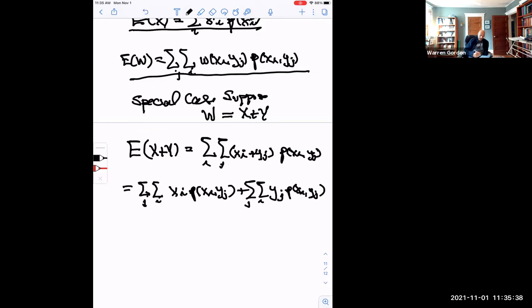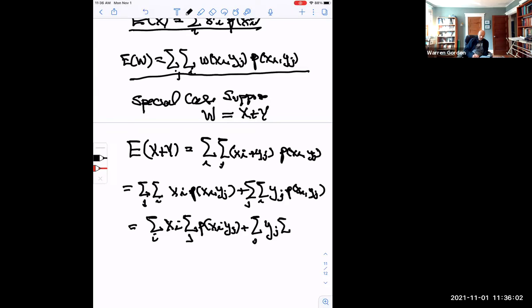Now, I can rewrite this as follows. Factoring out the x sub i part, and then the other part, I'm going to factor out the y sub j part.